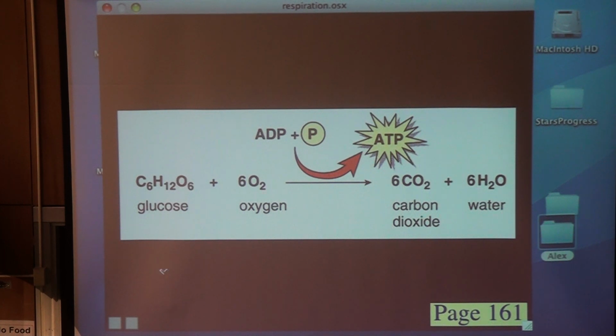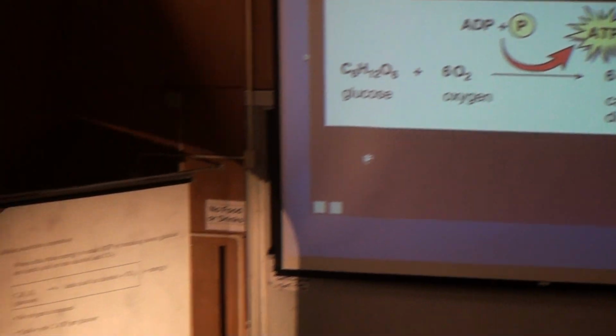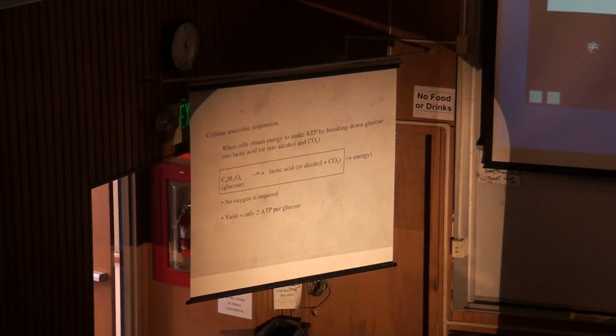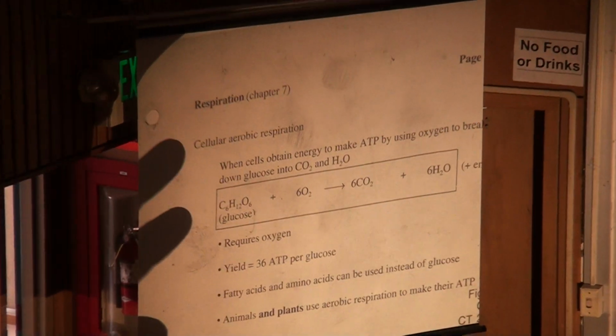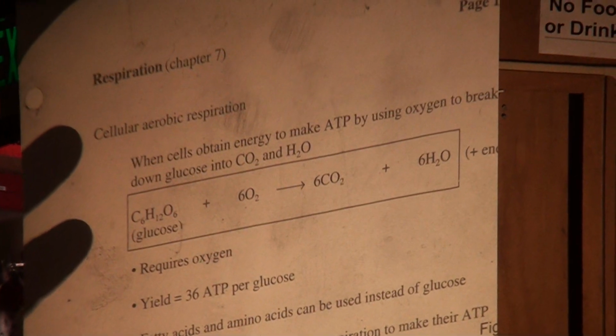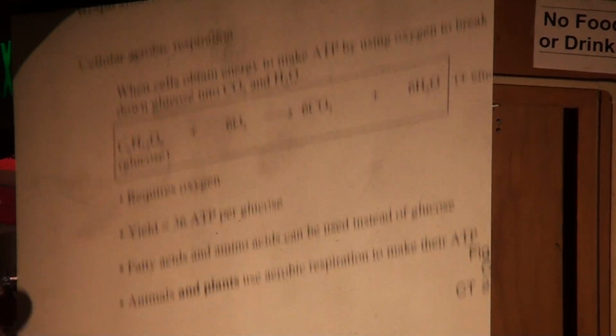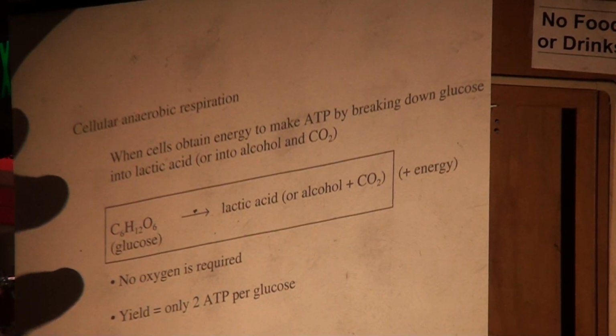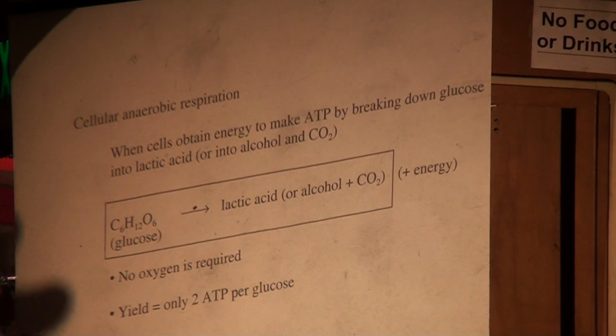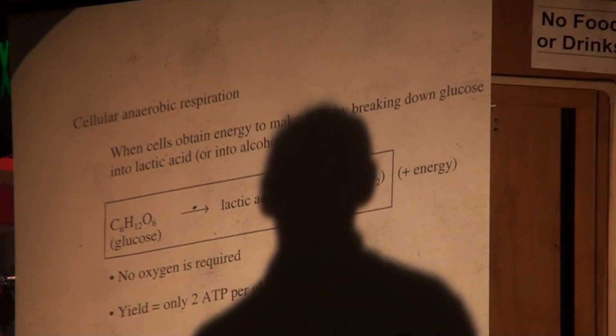Okay, so that's an overview of aerobic respiration. The anaerobic respiration is the one that doesn't use oxygen. Maybe I should mention where or when it occurs in our bodies. Most of the time, you're using aerobic respiration. But every now and then, your cells, especially your muscle cells, have to switch into anaerobic respiration.